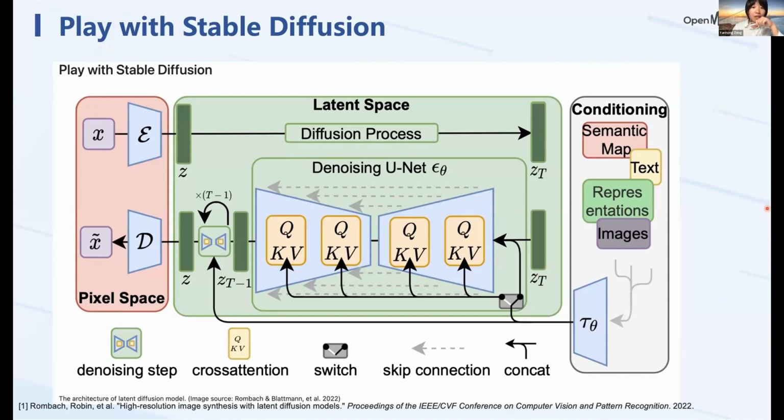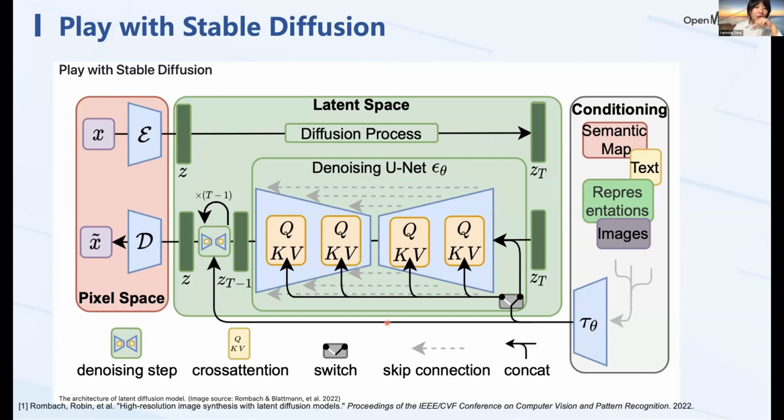And the third part is the conditioning module. Here, the authors list several conditions, including semantic maps, text, representations and images. In Stable Diffusion, it typically uses a CLIP text encoder to take the text as input and encode it into text embedding.